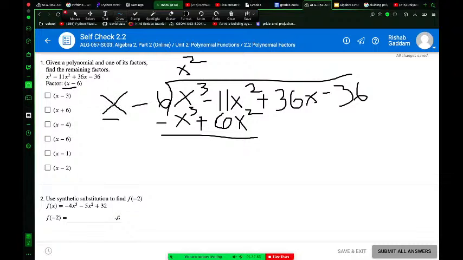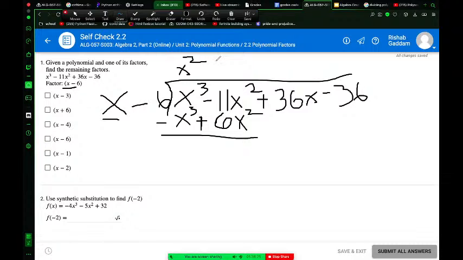So how many times does x go into x to the power of 3? Then x goes 3 times. X to the power of 2 times. It doesn't matter what x equals.